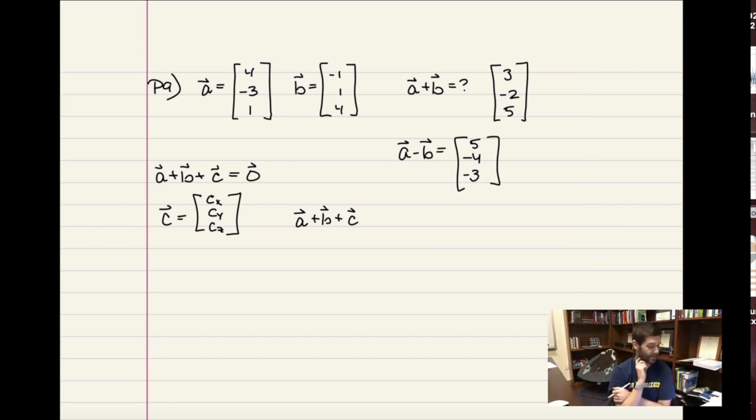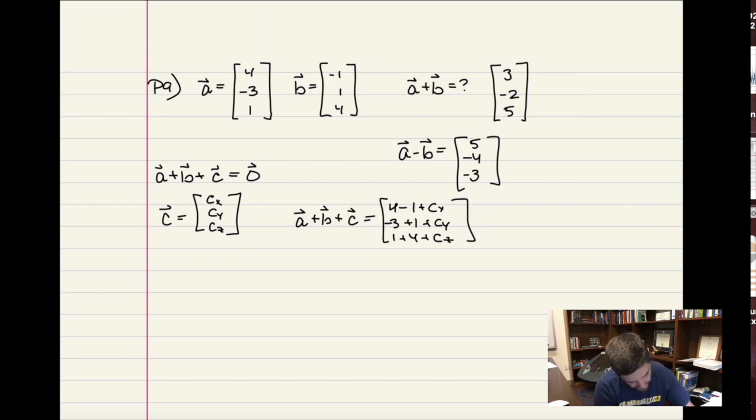If I want to add them together to get 0, again, I can look at the x components, 4 minus 1 plus cx, the y components, -3 plus 1 plus cy, and the z components, 1 plus 4 plus cz. And I want this to equal the null vector, which is 0, 0, 0.